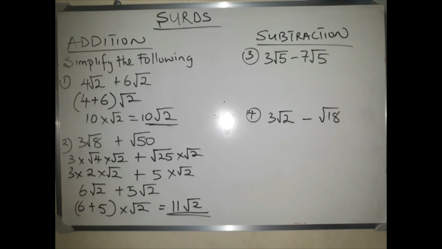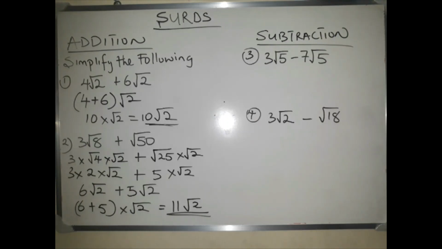So please note, when you're adding surds, first of all, you simplify the surds if they can be simplified. Then you check to see if they are like surds, which means they have the same number under their square roots. If they have the same number under the square roots, which means they are like terms, you now add the whole numbers that are attached to them.